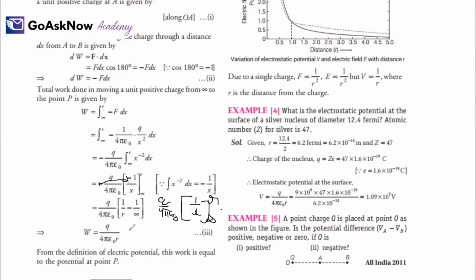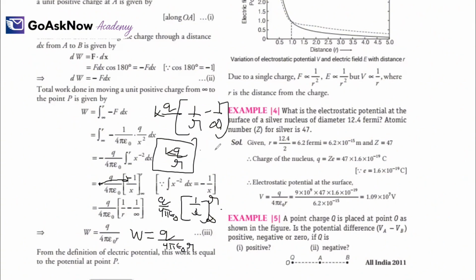Now substitute the limits: the work done is equal to q by 4 pi epsilon naught into 1 by r minus 1 by infinity. Since 1 by infinity is 0, kq by r is the final expression for the electric potential at point P due to a point charge.